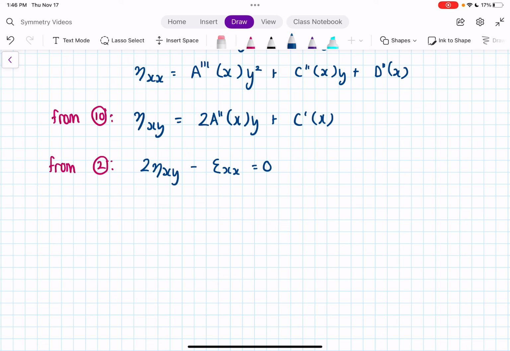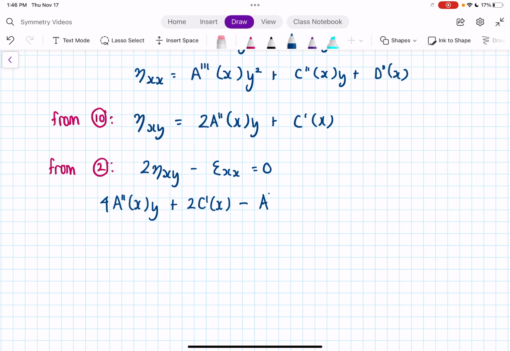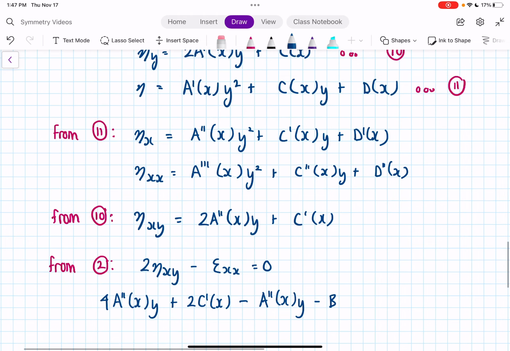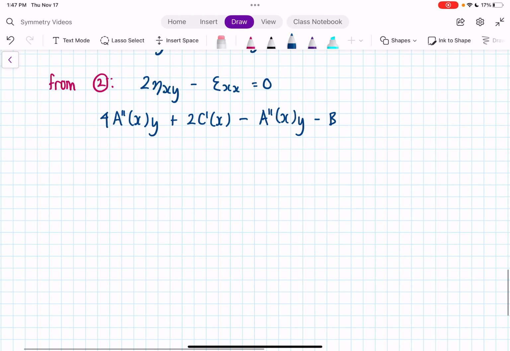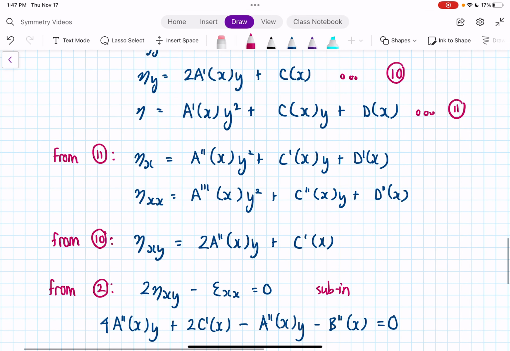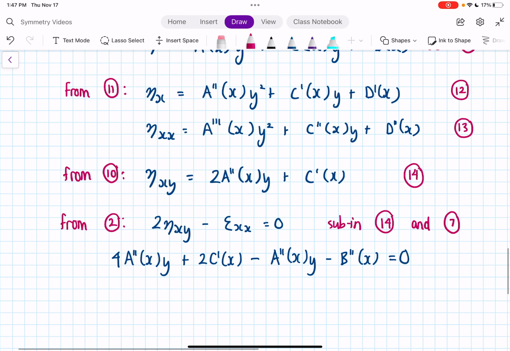And so if I put that in, then I'm going to have... so what we've done here is we have substituted, I need to call this an equation, so this is 12, 13, 14, 7, 14, and we are substituting in 7. And so that's what we get.